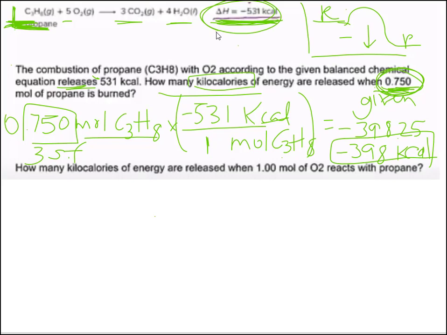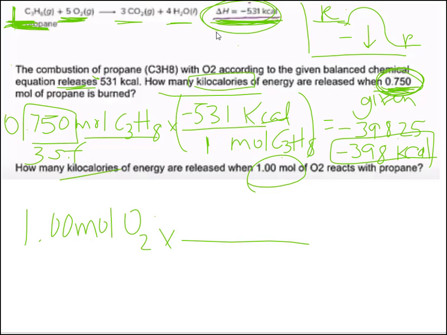Now, how many kilocalories of energy are released when 1 mole of oxygen reacts with propane? Well, right now we have 5 moles of oxygen being used. But what about if 1 mole? So we need to start, okay, what are we given? We're starting with 1 mole of O2.